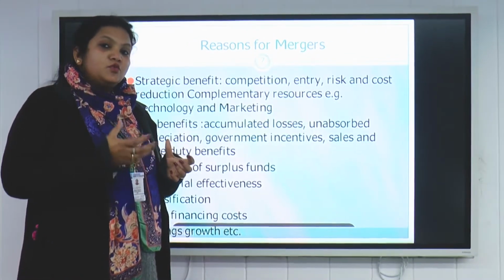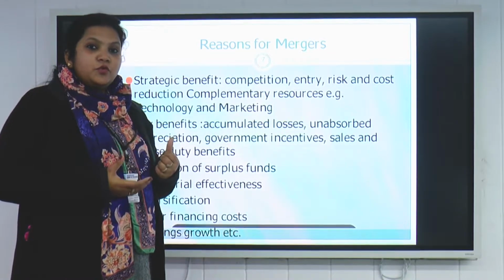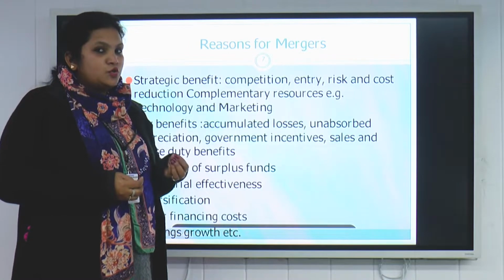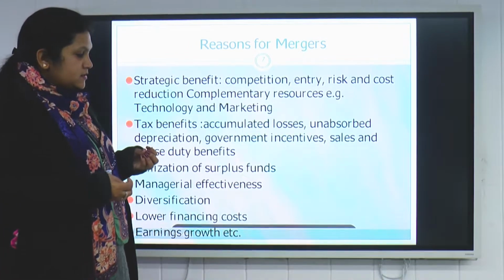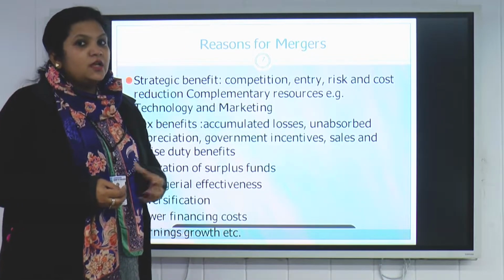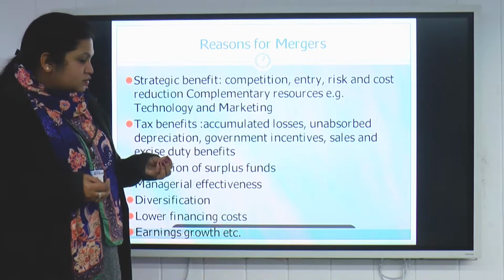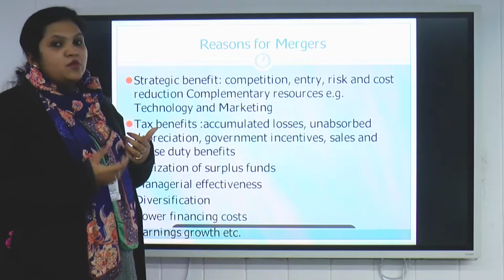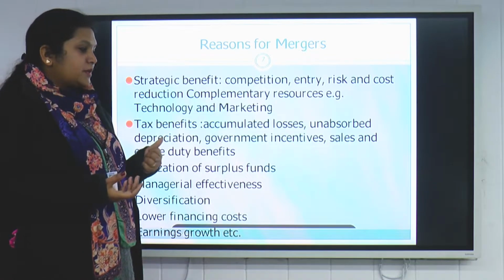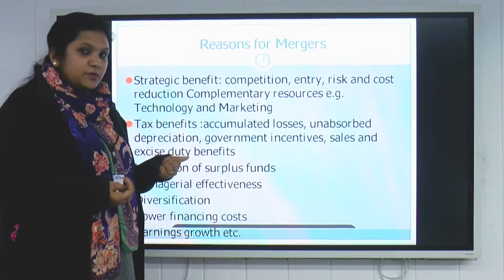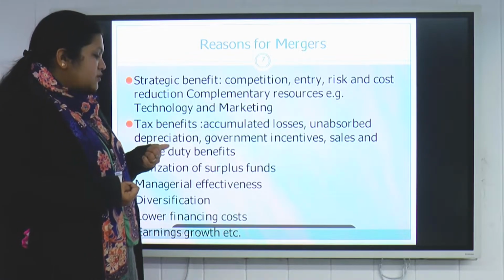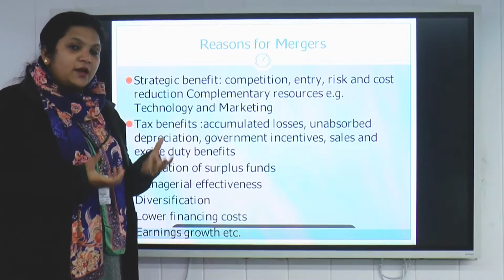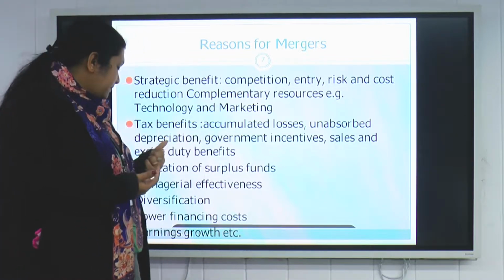Whenever you use assets, all of you know that some depreciation always occurs on those assets. So when there is unabsorbed depreciation, that leads to a huge tax increase. And whenever we go for a merger, all these are exempted. Government incentives could be taken care of. Sales and excise duty benefits are also given to the merged company, depending upon the product line you will enter.